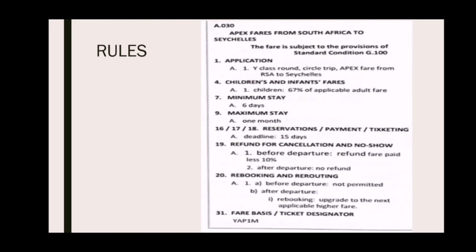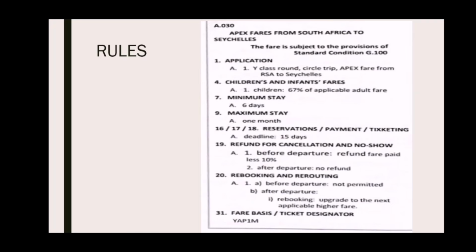Then you have the rules. It's important that you read the rules and understand what the rules mean. Under the rules, number one, you have application. It says you are able to use this rule for Y class round trip, meaning a return trip, round circle trip, APEX fares, meaning advance purchase, from South Africa to Seychelles. Then number 4 says children and infant fares.